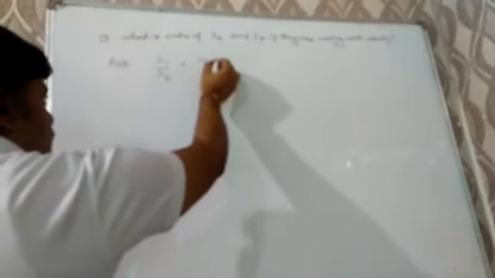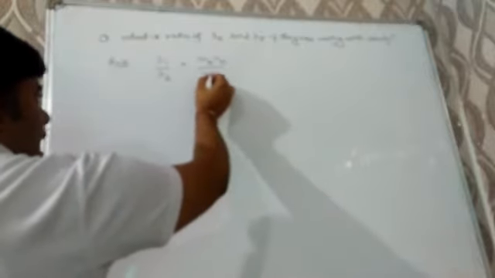Here we can apply the relation lambda 1 by lambda 2 is equal to m2 v2 over m1 v1.